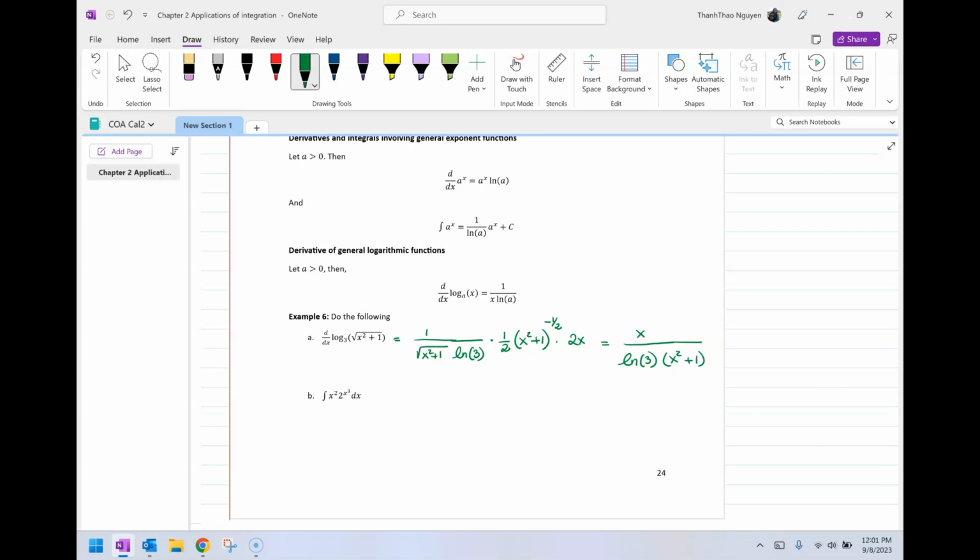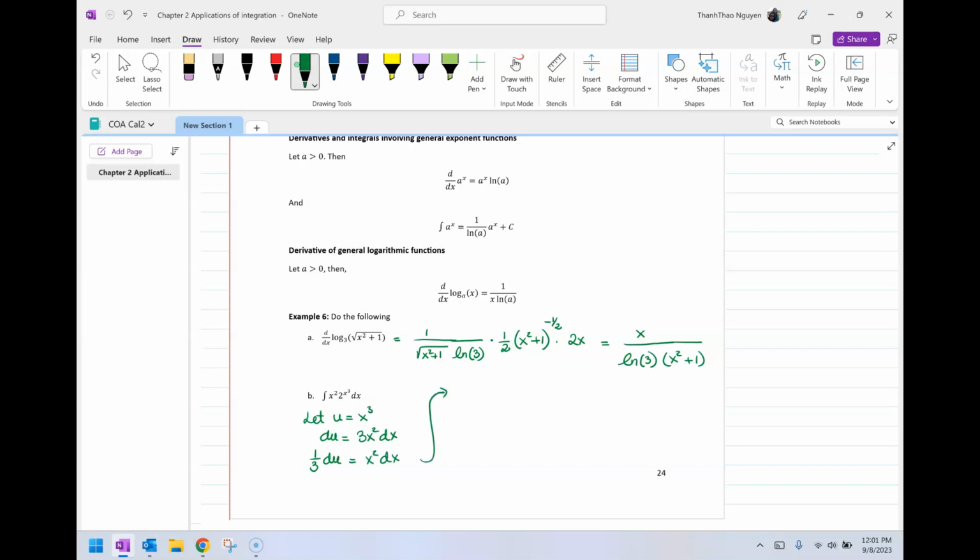In the next integral, we will let u equal x to the third, then du equals 3x squared dx. So 1/3 du is equal to x squared dx.